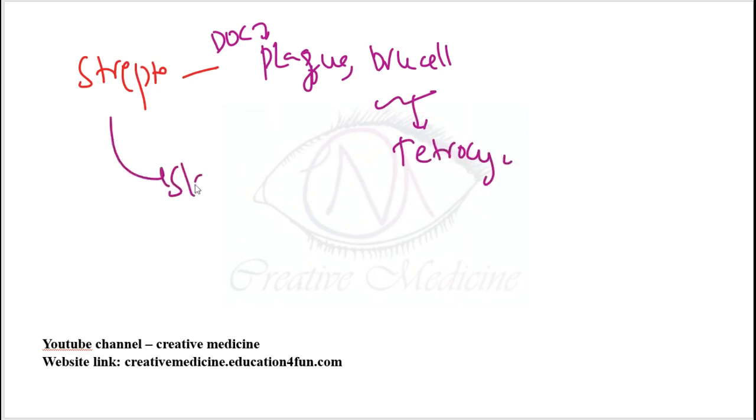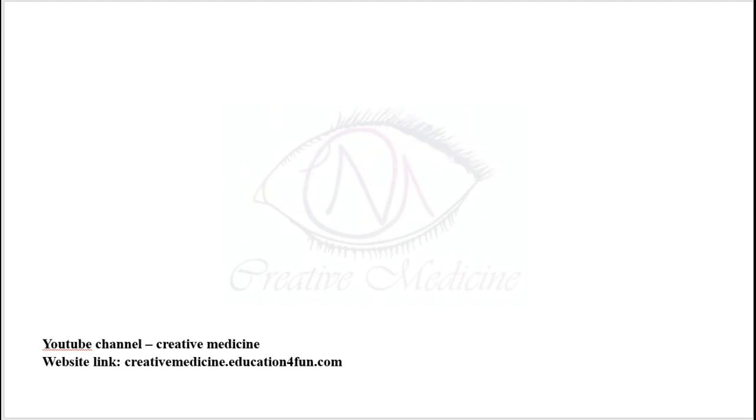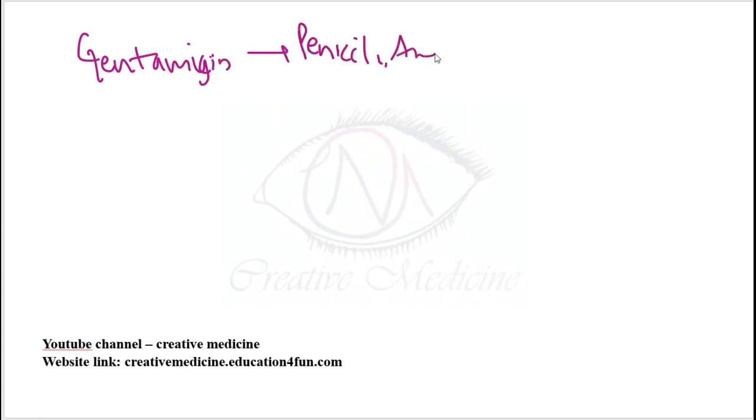A side effect of streptomycin is that it can be vestibulotoxic. Among all these aminoglycosides, the most commonly used is gentamicin. Gentamicin is used along with penicillin, or along with ampicillin, or along with ceftriaxone.